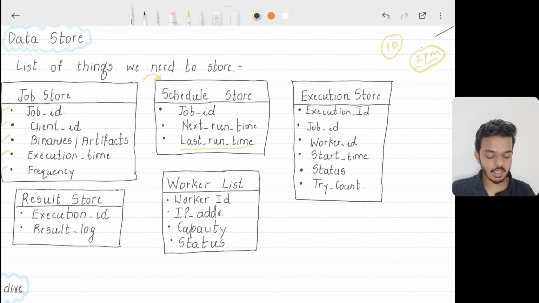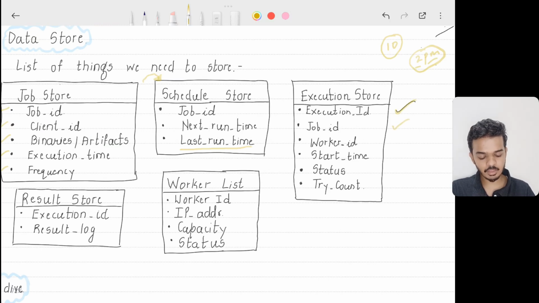Next we'll need the execution store. Whenever a job is picked from the message queue by the execution service, it will have to store these results. What I mean by results is it will have to store on which worker node the job was submitted, and at what time the job was submitted. So it will need to store the execution ID.